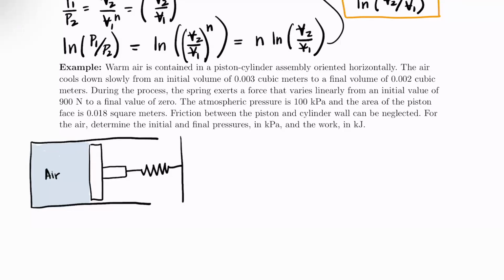The atmospheric pressure is 100 kPa, and the area of the piston face is 0.018 square meters. We can neglect friction between the piston and the cylinder wall. And for the air, we want to determine the initial and final pressures in kPa and the work in kilojoules.